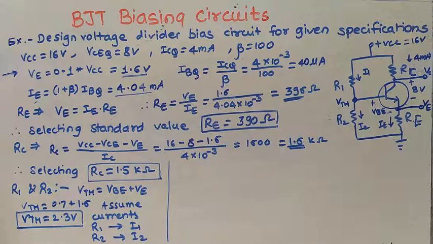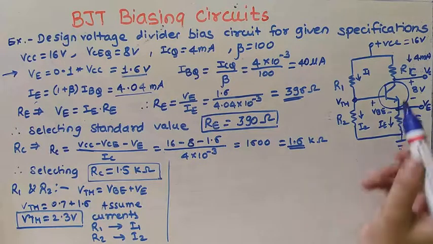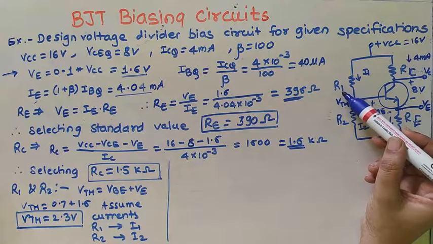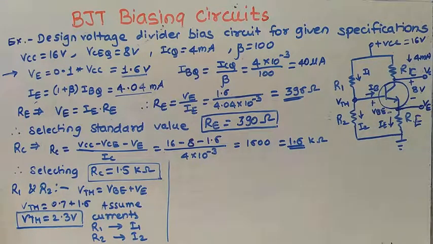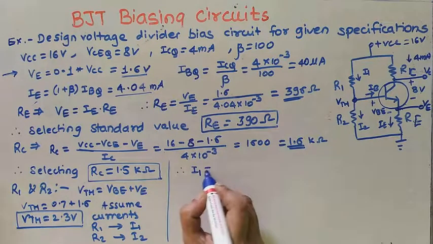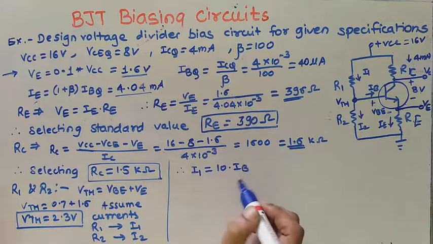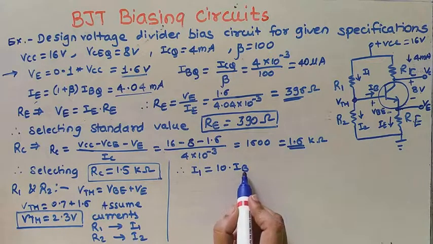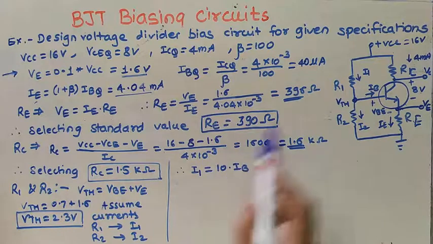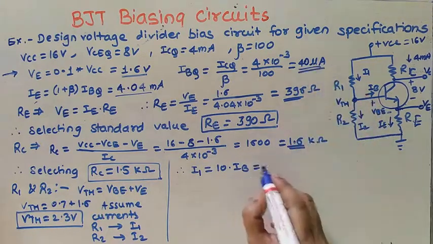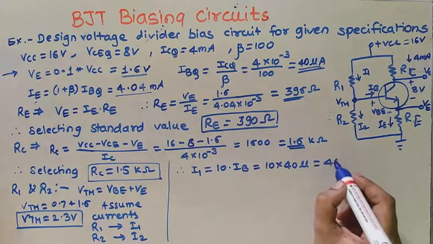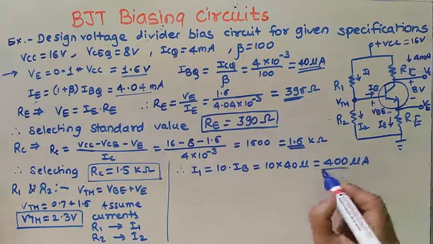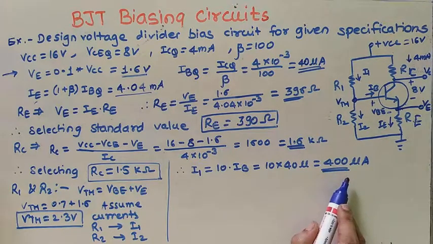And we know that the current through resistor R1 is near about 10 times the current through base terminal. So this is our assumption while designing. Therefore we assume I1 is equal to 10 times IB, and we have calculated IB equals 40 microampere. So it will be equal to 10 into 40 microampere. So it is 400 microampere. So for I1 we have 400 microampere.